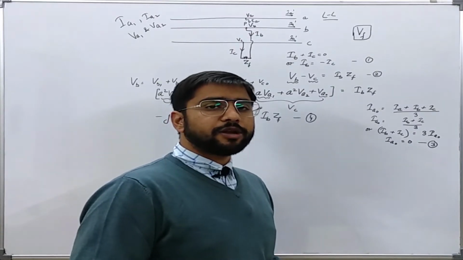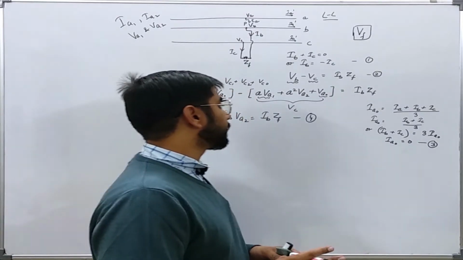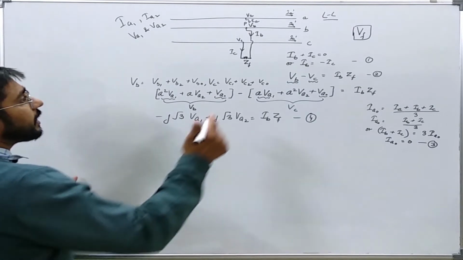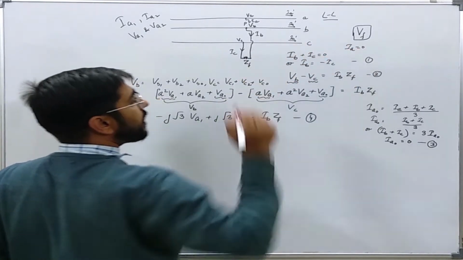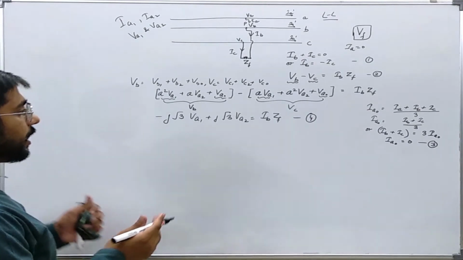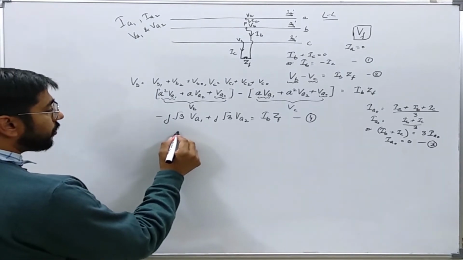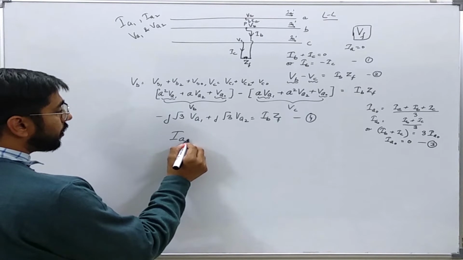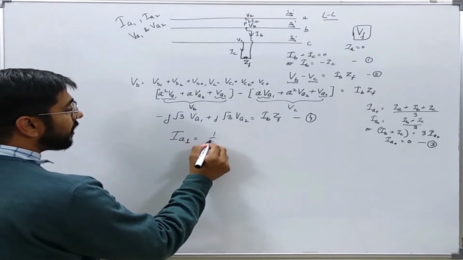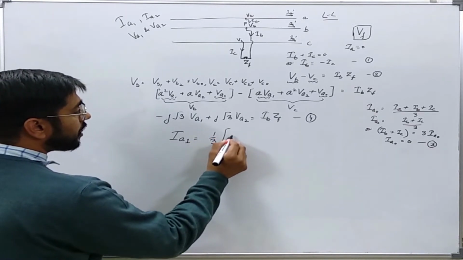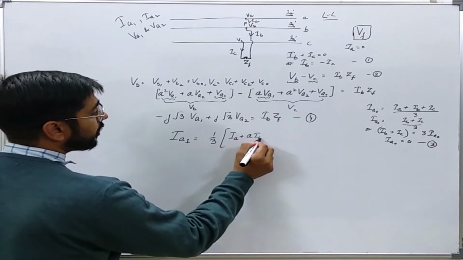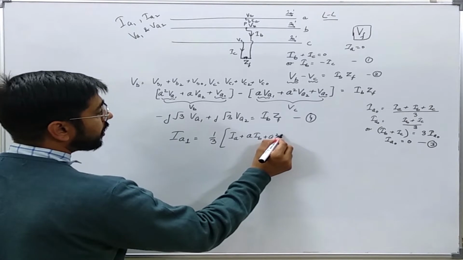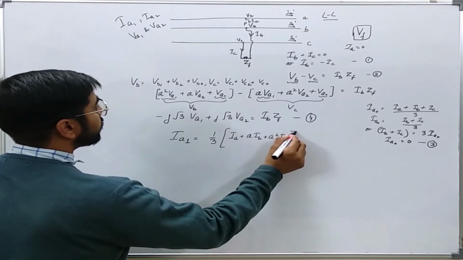Now let us further manipulate these 4 equations. Now we know that IA is equal to 0 and IB is equal to minus IC. So first we will try to write the equation for IA1. It is nothing but 1 by 3 (IA plus A IB plus A square IC).